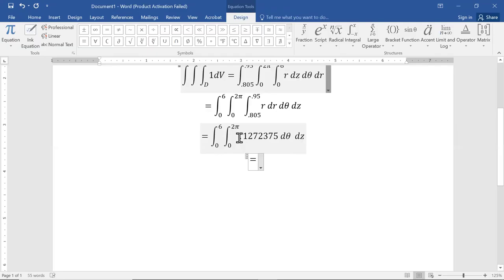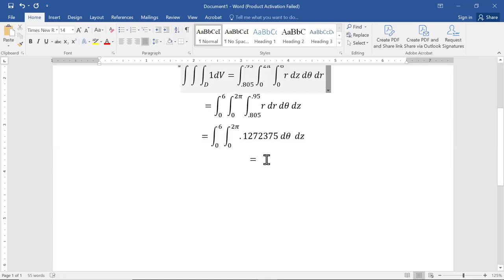So if I take that number, 0.1272375, and I multiply by 2 pi, I end up getting 0.254475 times pi. And then if I multiply by 6, I get 1.52685 multiplied times pi.